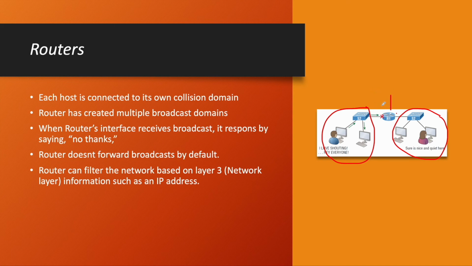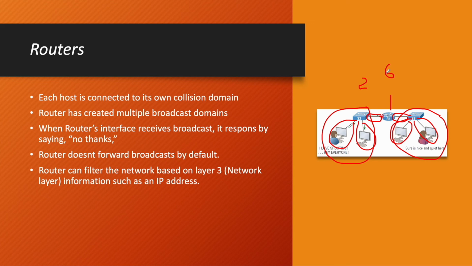That means in this network I have two broadcast domains. There is one collision domain here, one collision domain between the router and switch, another collision domain here, one more here, and one more here. So this means I have 6 collision domains and 2 broadcast domains.